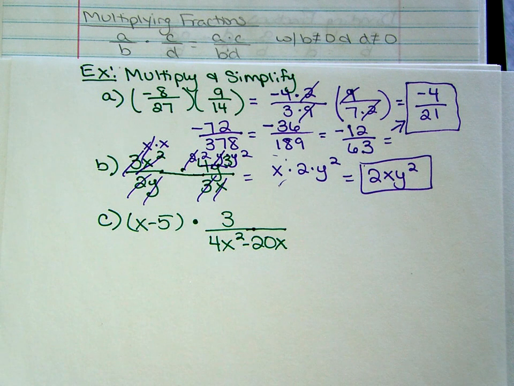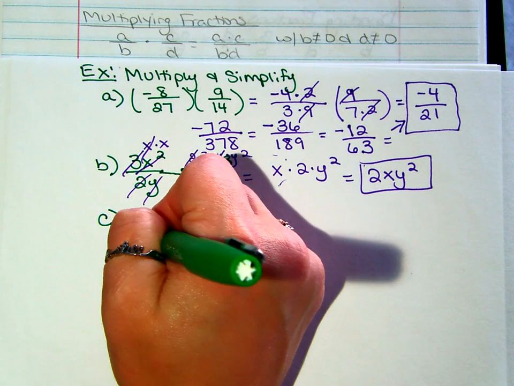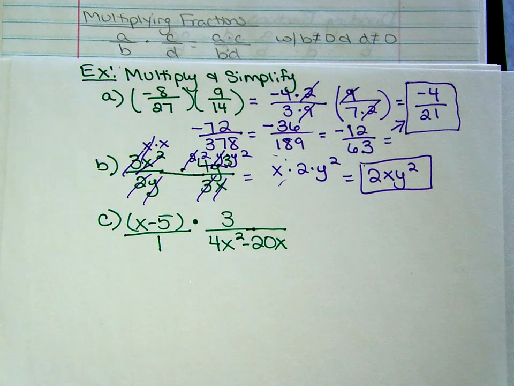Notice there's no denominator, but you can make any whole number a fraction or a rational expression by doing what? Put it over 1. That's right, we can put it over 1. We just magically made that into a rational expression. So we do have a rational times a rational.